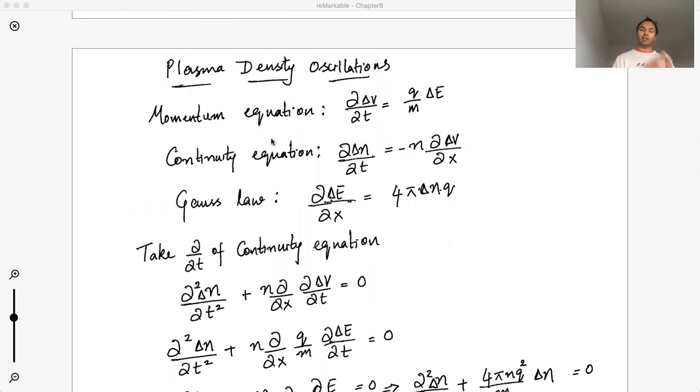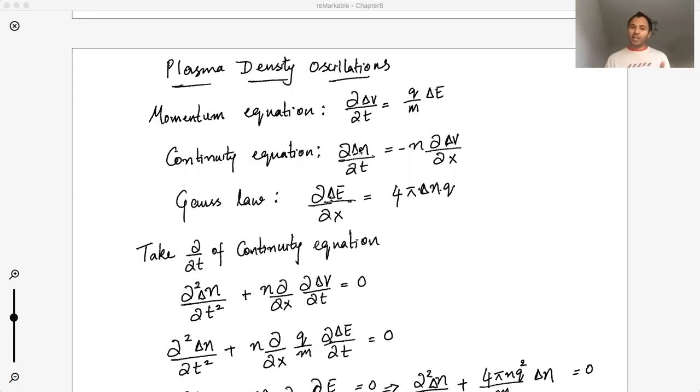So if I take an equilibrium state where the equilibrium electric field is E, equilibrium velocity is V, equilibrium density is N, okay? And then I say I'm going to make a small perturbation from that equilibrium, right? And that's how I set up a wave. I make a perturbation from equilibrium, and that perturbation creates disturbances that travel.